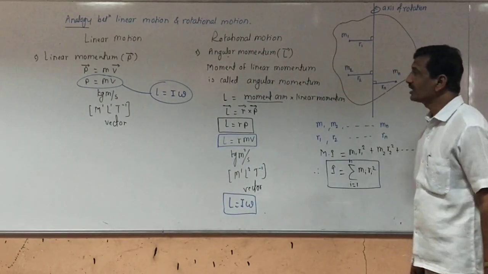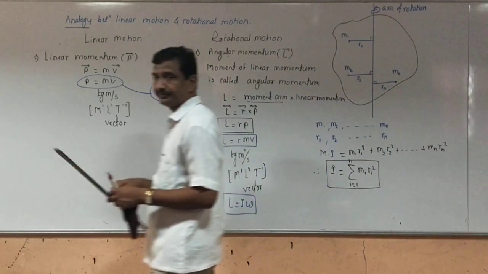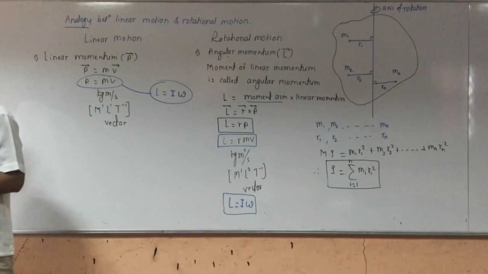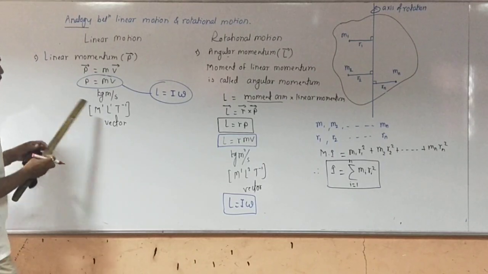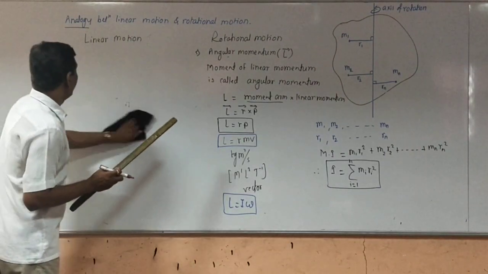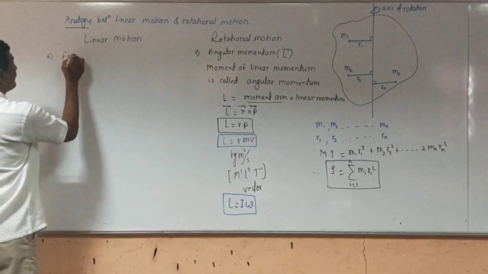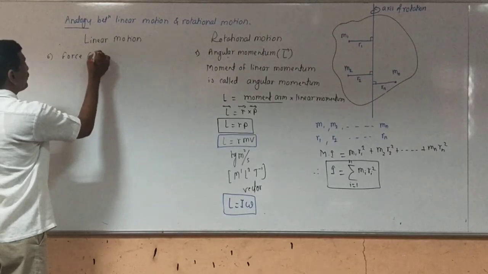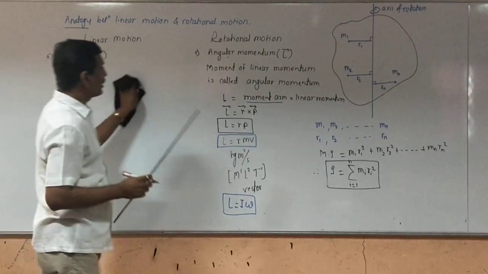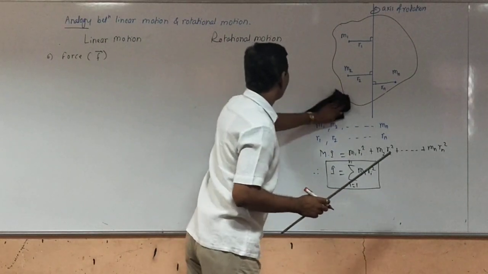Next physical quantity is the force in case of a linear motion. So what is the force? The sixth analogy is that force is a physical quantity in case of linear motion, and the analogous quantity in case of rotational motion is the torque.